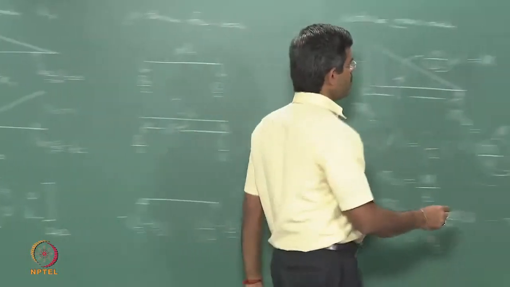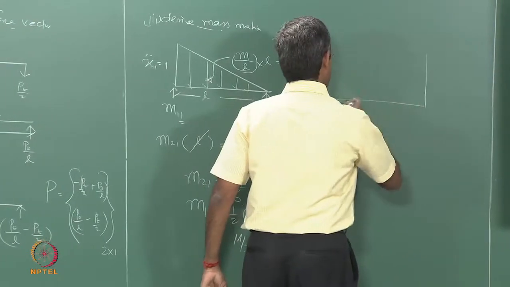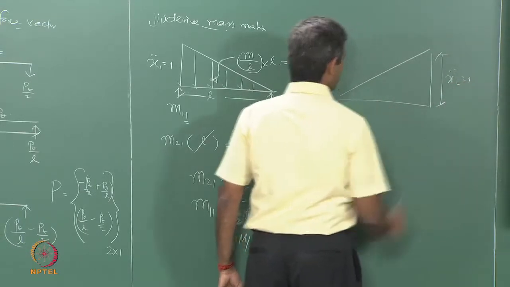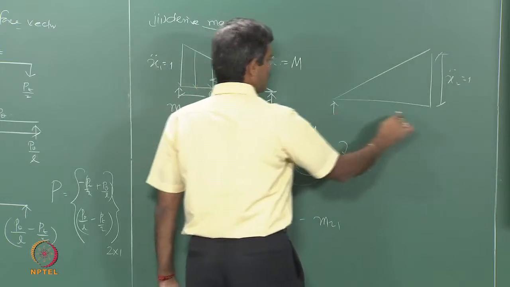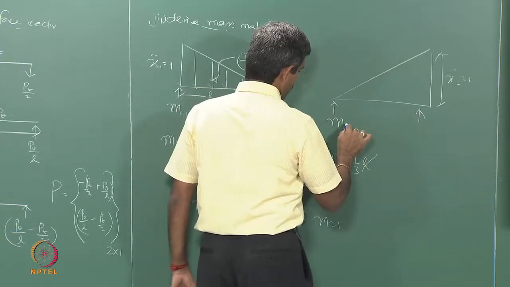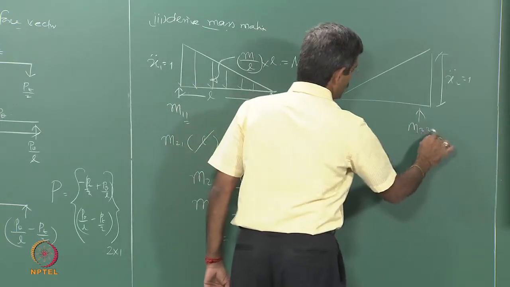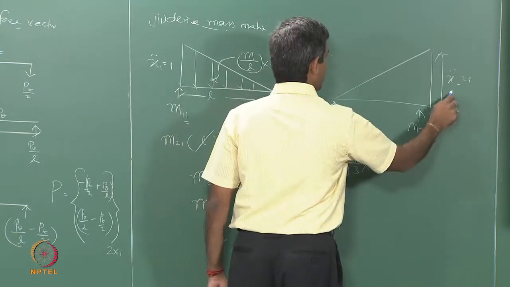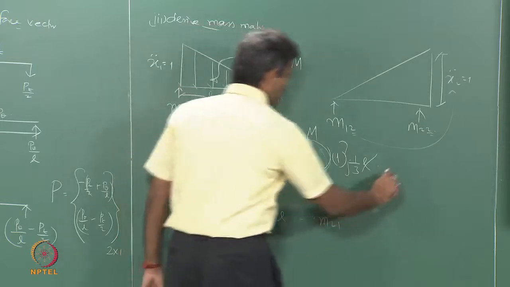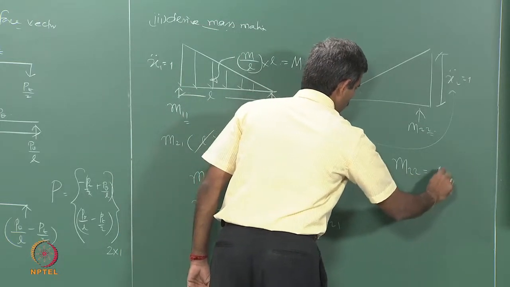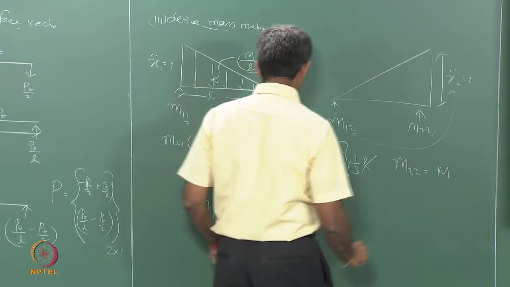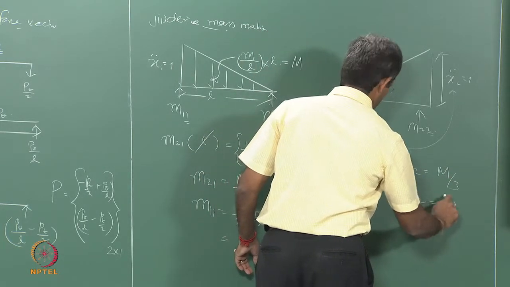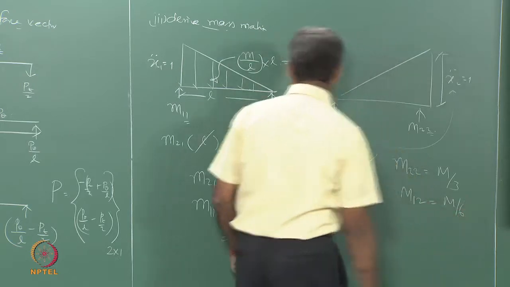Similarly, for the second node, you apply unit acceleration here, which is x 2 double dot is unity, and you get these values as m 1 2 and m 2 2. The second subscript indicates unit acceleration is at second degree, and I will get m 2 2 as m by 3 and m 1 2 as m by 6.